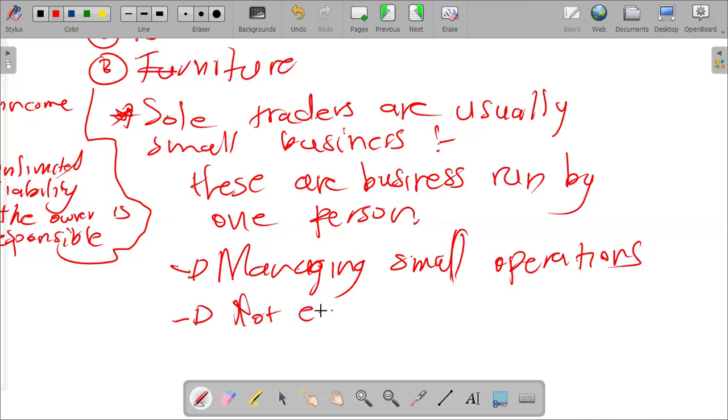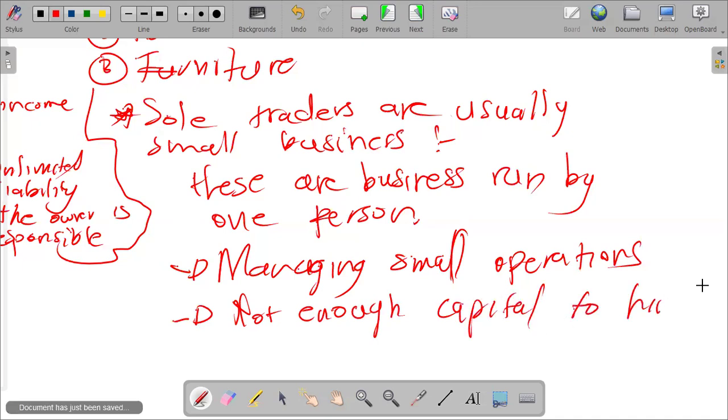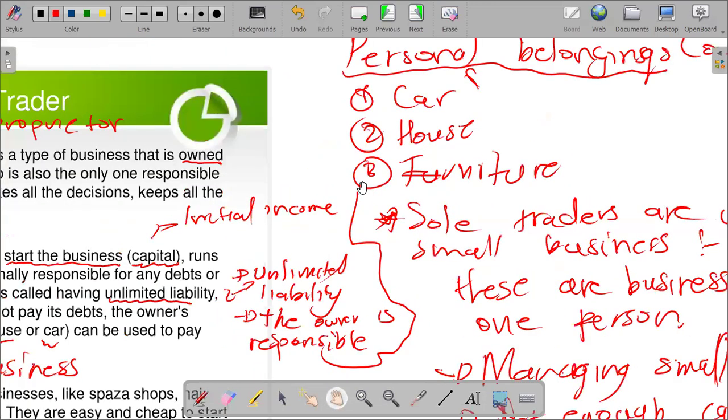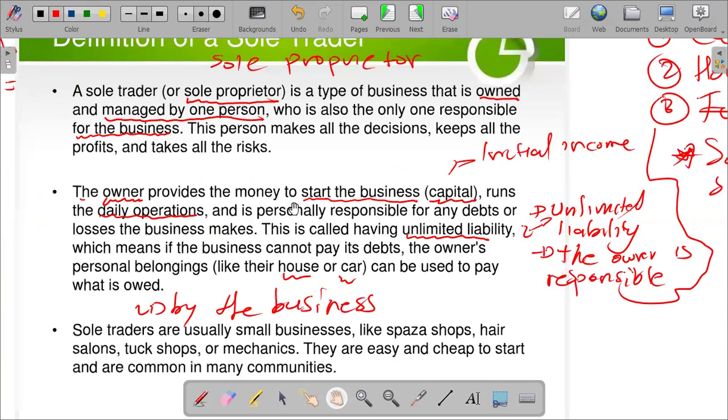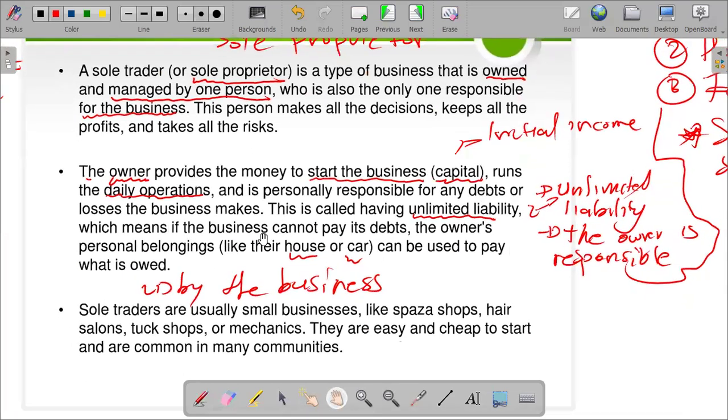Not enough capital to hire people. Why? Because initially, in most cases of a sole trader, the sole trader is the one who is responsible for the capital.